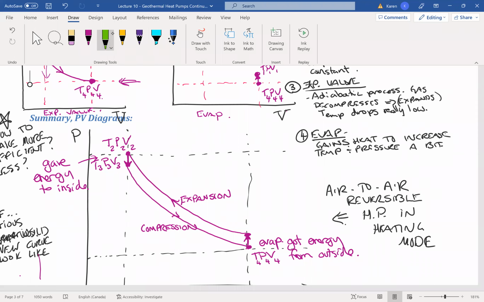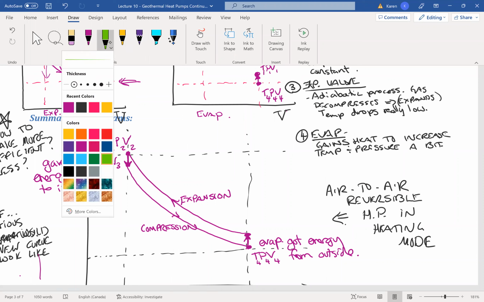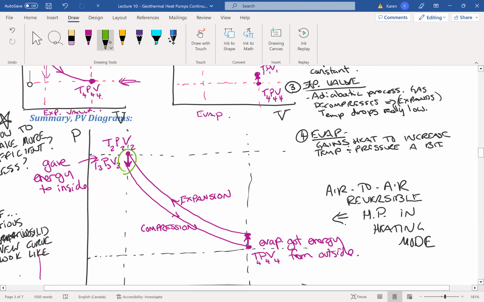All right, so this is the energy that is transferred into the room, right here. And then this is the energy that got transferred from outside. So what did we actually do this for? We went outside, we got some energy, right?